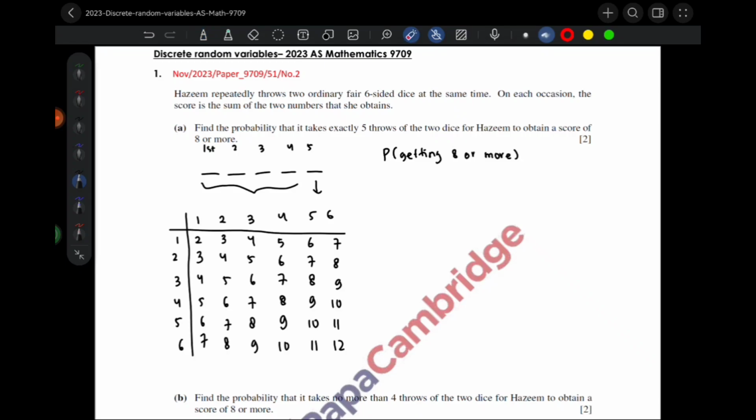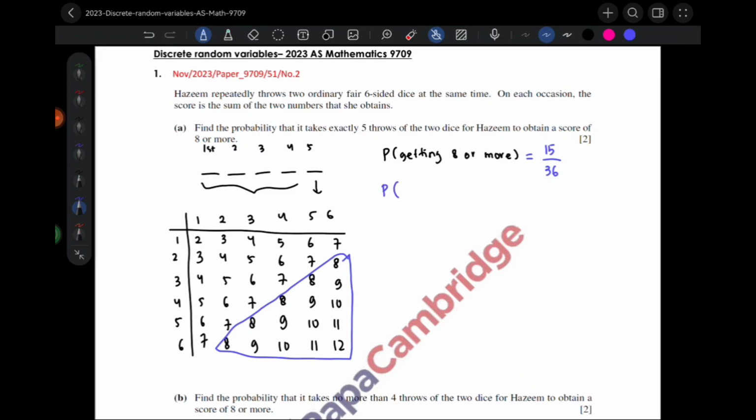Then we count how many numbers in this table are 8 or more. So we have 1, 2, 3, 4, 5, 6, 7, 8, 9, 10, up to 15. So we have 15 of them out of 36 possible outcomes.